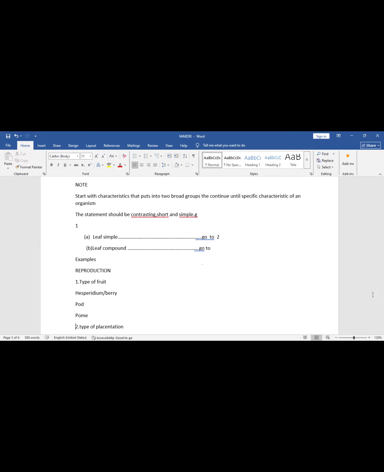There is a difference between the Hesperidium and a berry. And I want to hear from you the difference between these two words, Hesperidium and berry, although we normally mark them similar. When a student has indicated Hesperidium or the berry, the student can still score.